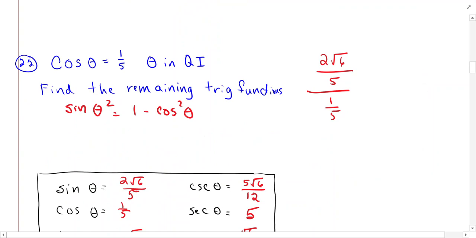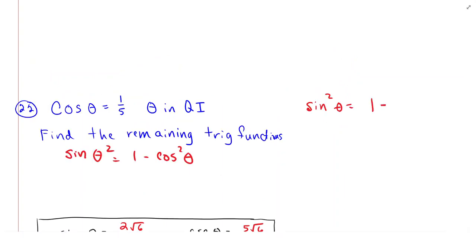Cosine theta is 1/5 and theta is in quadrant 1. Find the remaining trig functions. So we can start out by finding sine squared theta is equal to 1 minus cosine squared theta. So let's go over here and do a little bit of work for that one. Sine squared theta equals 1 minus 1 over 5 squared.